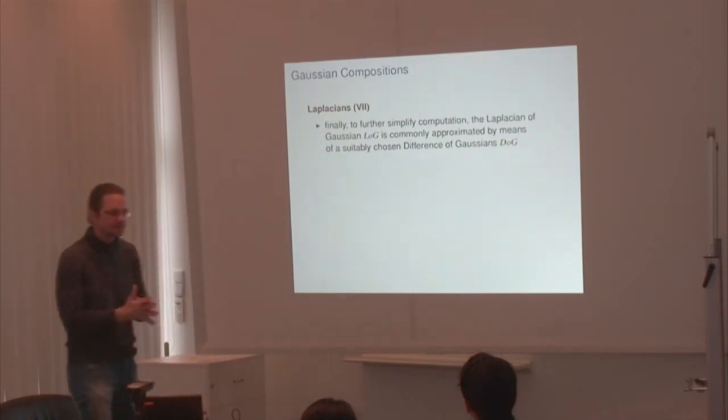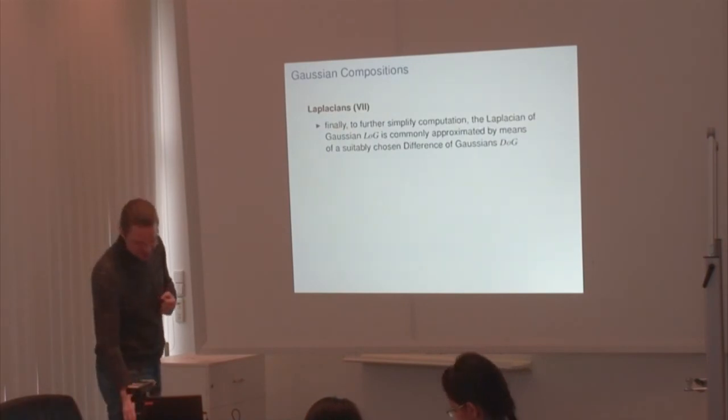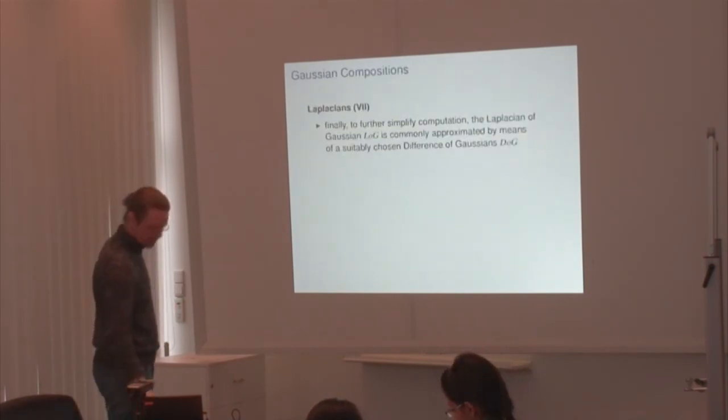Actually, if we think of it, the difference between a Laplacian of Gaussian and the difference of Gaussians is not that big. This is something you can verify at home.